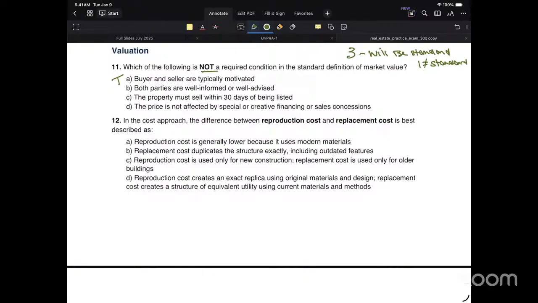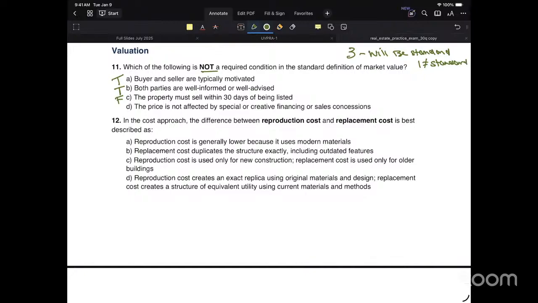Letter B, both parties are well informed or well advised. I would say that's true. If it's market value, you have to know that the people buying and selling know what they're talking about. So B would be true too. C, the property must sell within 30 days of being listed. We wish. I would say that is not a true statement.